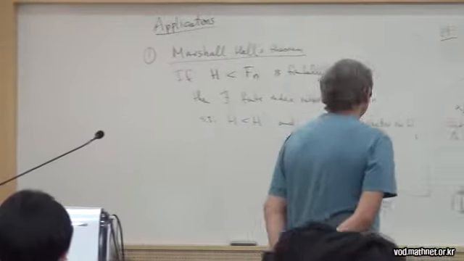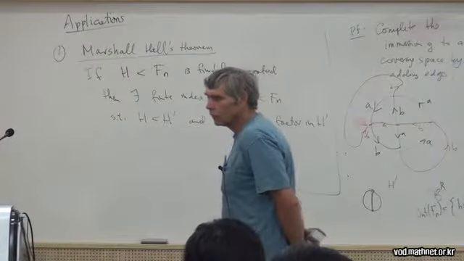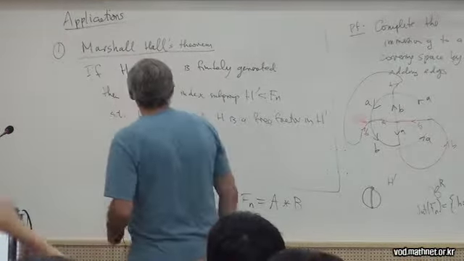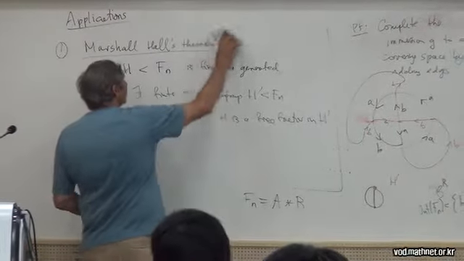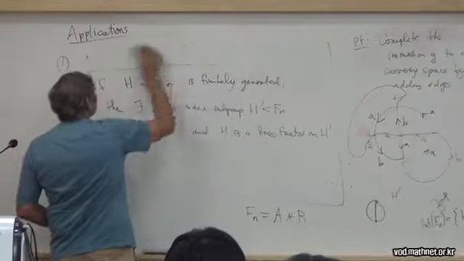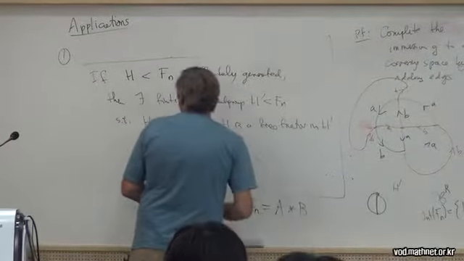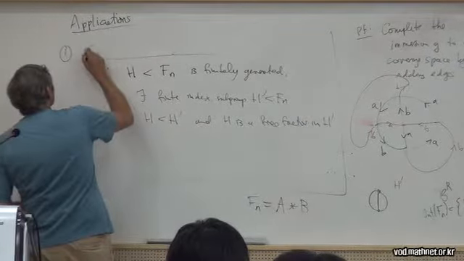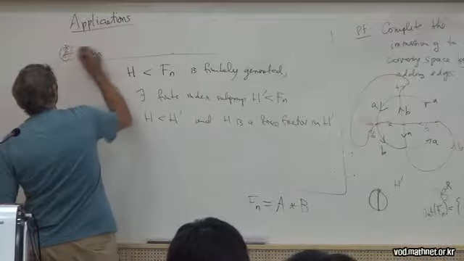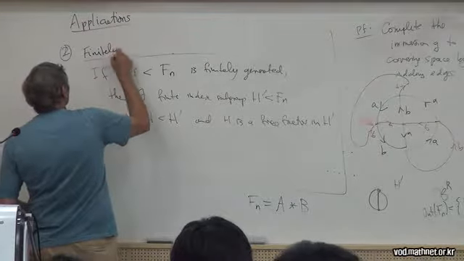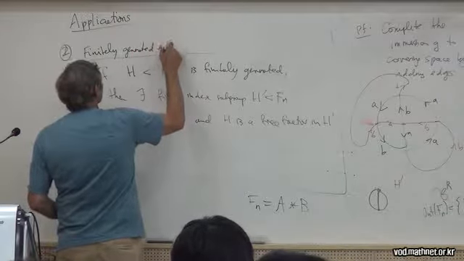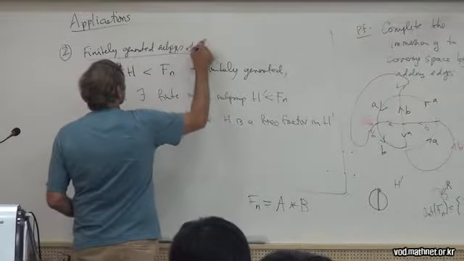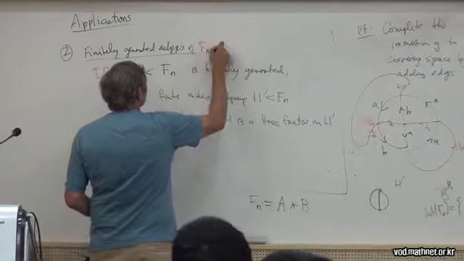Okay, so I want to give you a few more of these applications, and the first one is just a variant of Marshall-Hall's theorem. So this is application 2: finitely generated subgroups of Fn are separable.